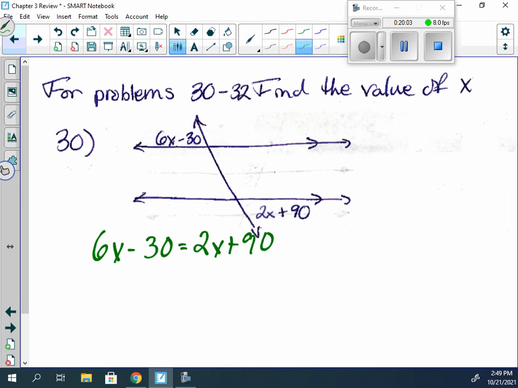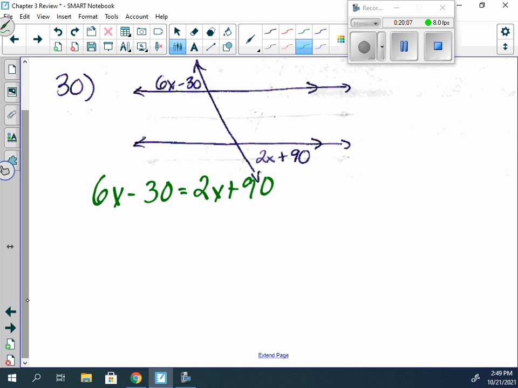If they are corresponding, alternate exterior or alternate interior, it means they're congruent and we can set them equal to each other. Consecutive is supplementary. Now we need to get x's on the same side. So we're going to subtract 2x from both sides.